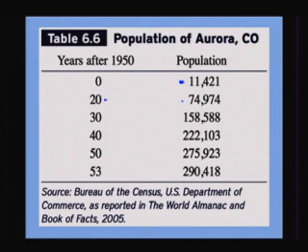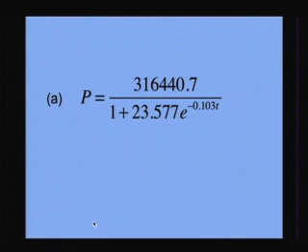And when we do that and run a regression, what we find is this, that the regression formula will be P, the population, is equal to 316,440.7, all divided by 1 plus 23.577 times e raised to the negative 0.103 t.